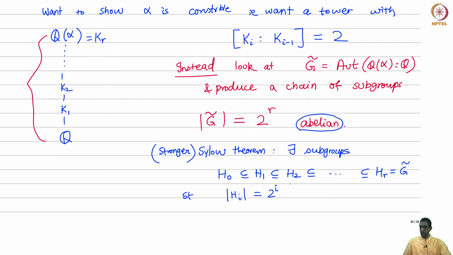Okay. Now once you have this, then you're done, because from a chain of subgroups, you just have to construct the corresponding tower of subfields by taking the fixed fields. Okay. So now define, maybe I'll call them L sub i, to be the field corresponding to H sub i.